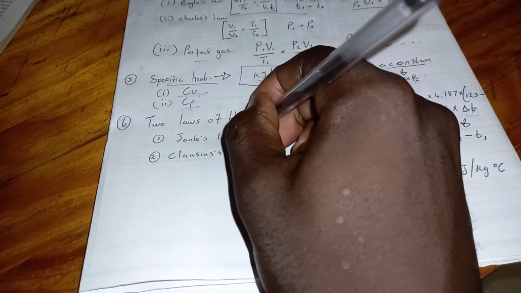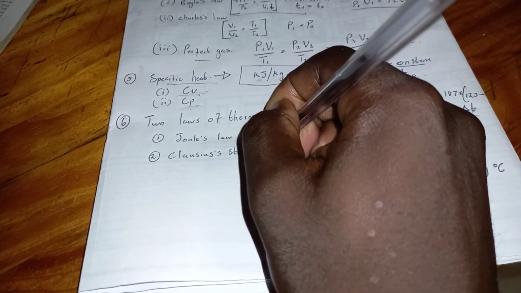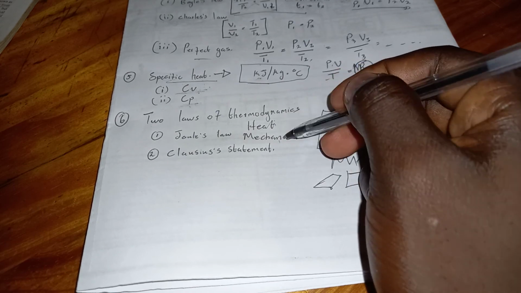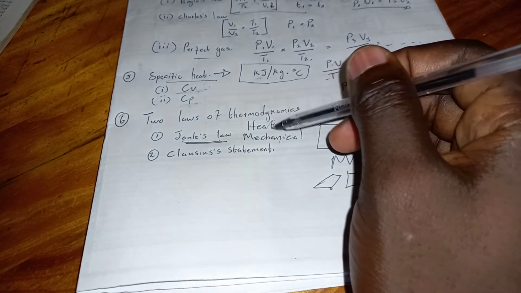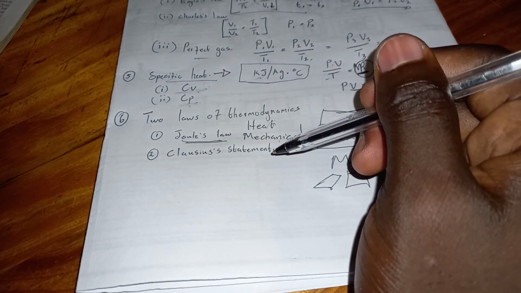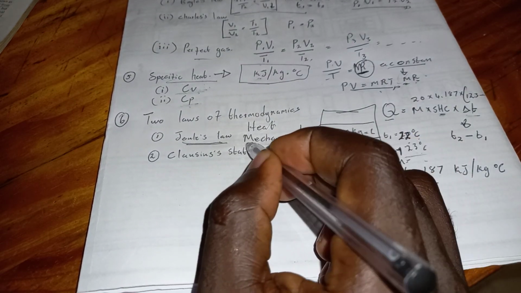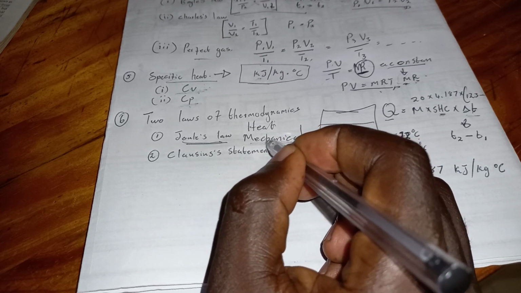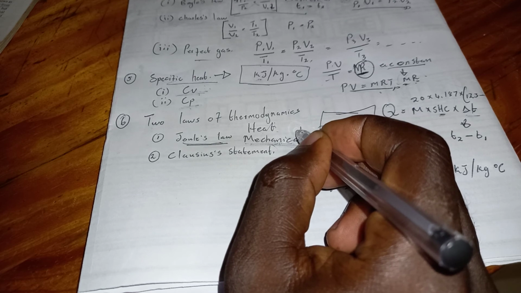If we're talking about heat and mechanical energy, these two energies, when we're talking about Joule's law, are mutually convertible. That means mechanical energy will produce heat energy, right?